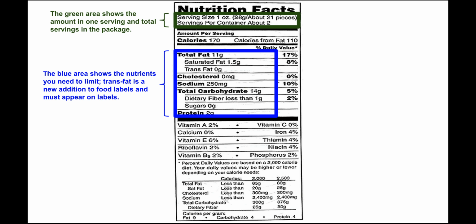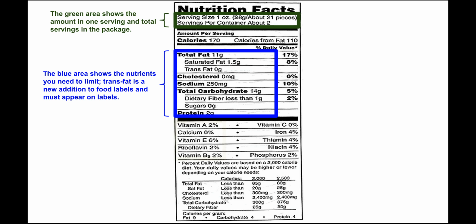The blue area shows the nutrients you need to limit. Trans fat is a new addition to food labels because saturated fat, like butter, raises cholesterol levels and increases the risk for heart disease. In this label, there are 0 grams of trans fat, which is a good thing.